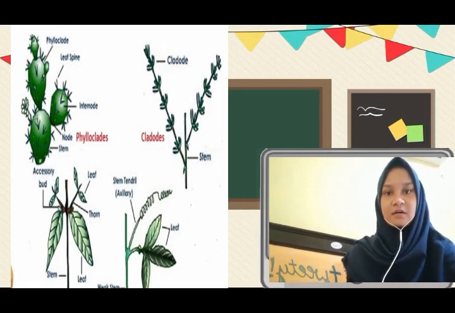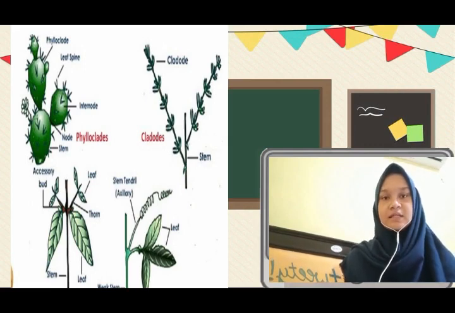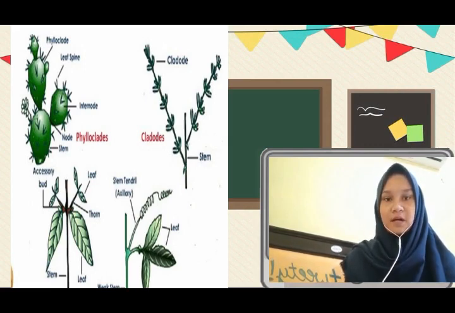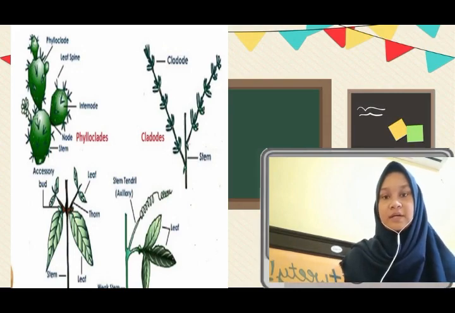They undergo vegetative propagation to form a new plant. For example, Dioscorea. The last is thalamus. It is the axis of the flower and contains the flower organs such as calyx, corolla, androecium, and gynoecium.